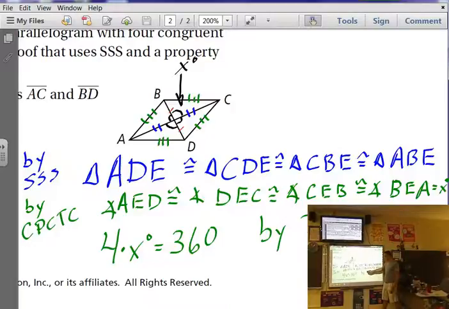Whether that's actually it or not isn't a big deal, as long as you can communicate what you're trying to say. Then, through division property of equality, I get that x equals 90, and your reason for that would be the division property of equality.